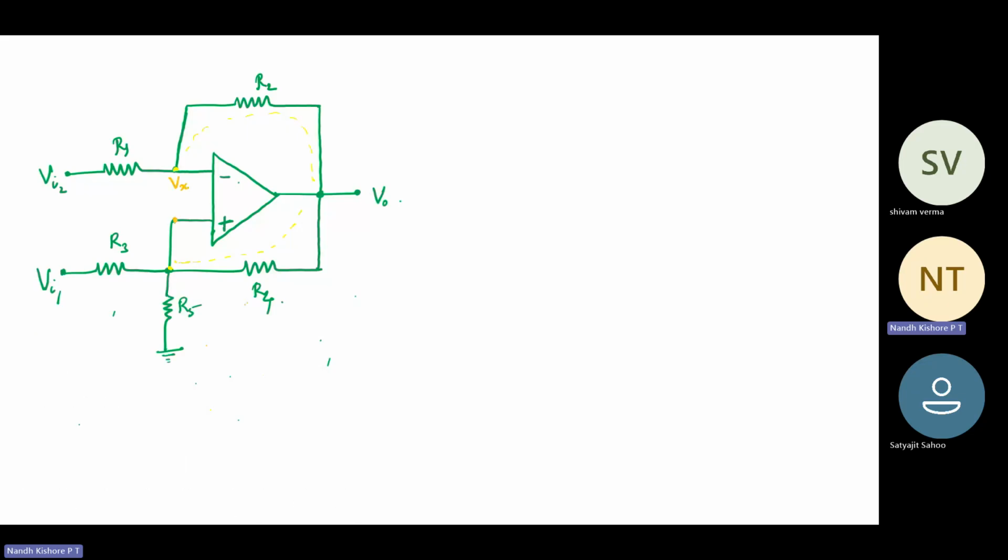If this is Vx, what is this node? If this is Vx, what will be this particular node?